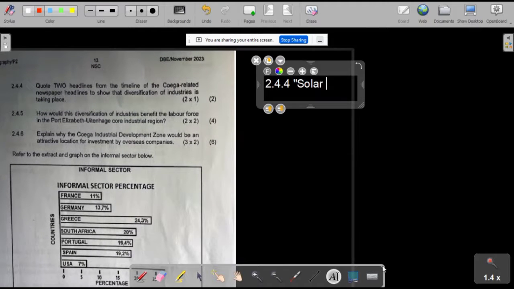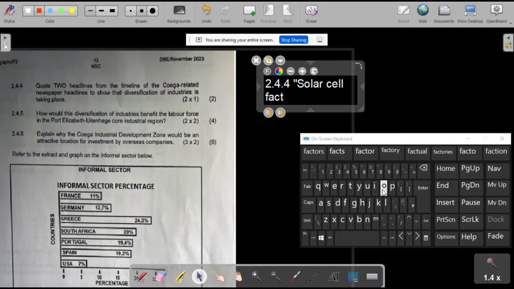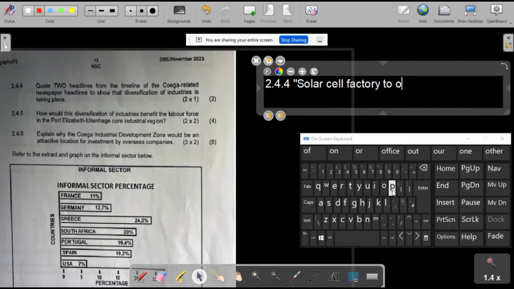So we're saying that a solar cell factory is going to open in the Kruger IDZ.